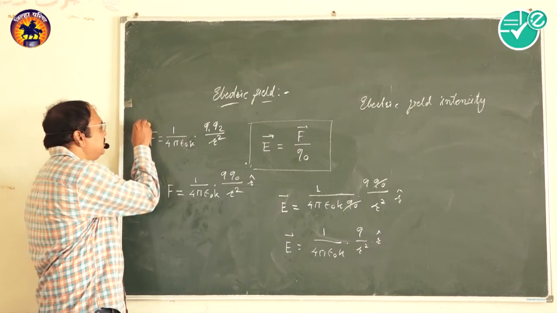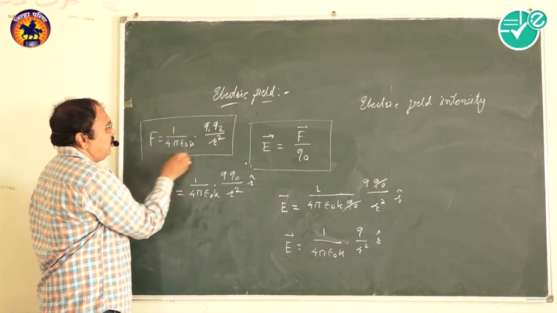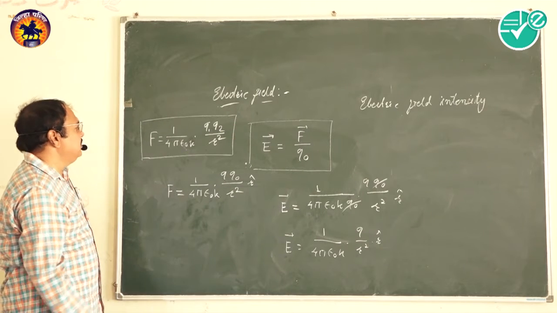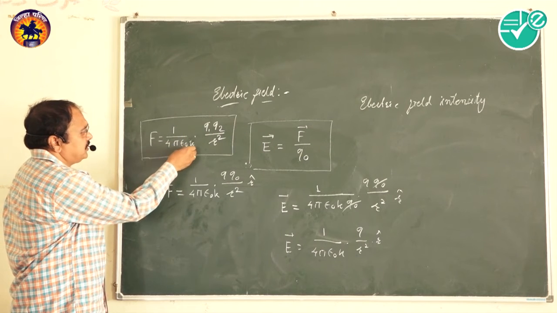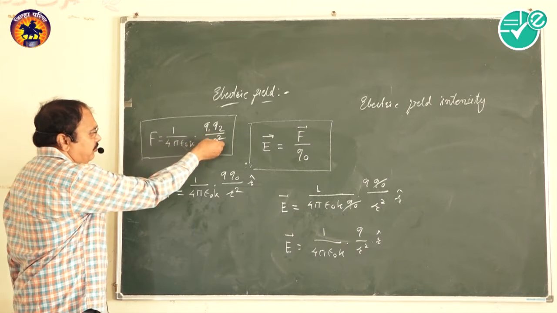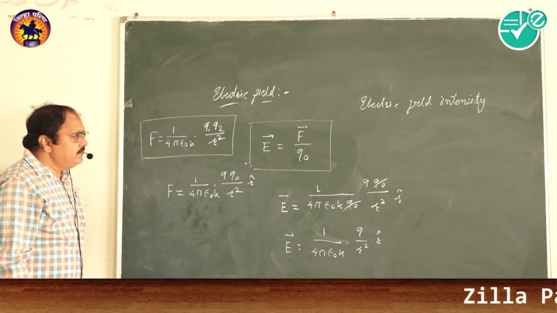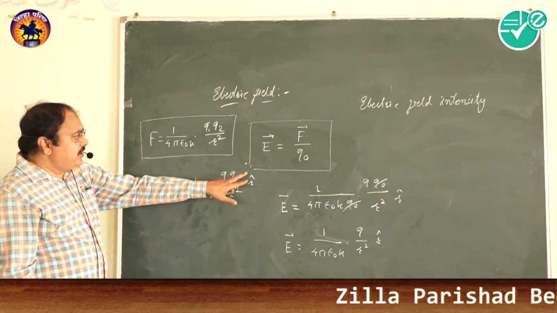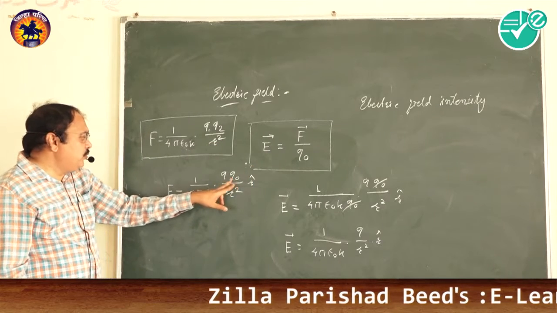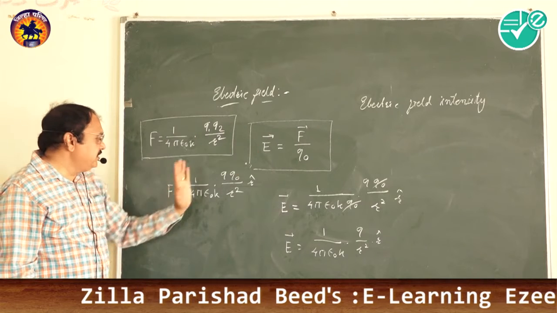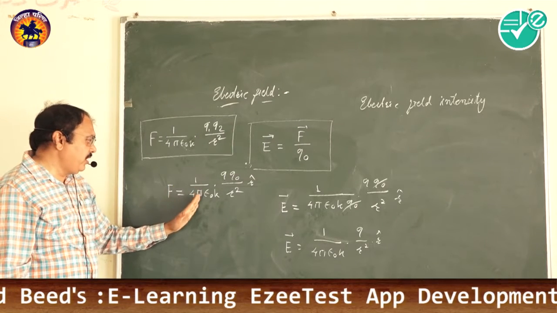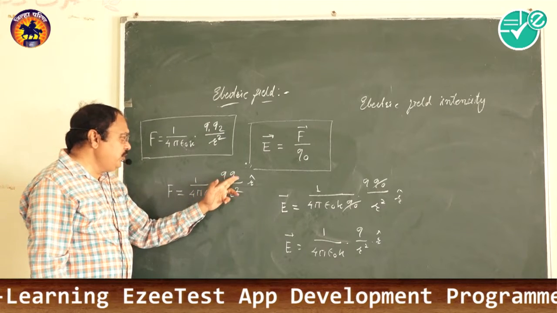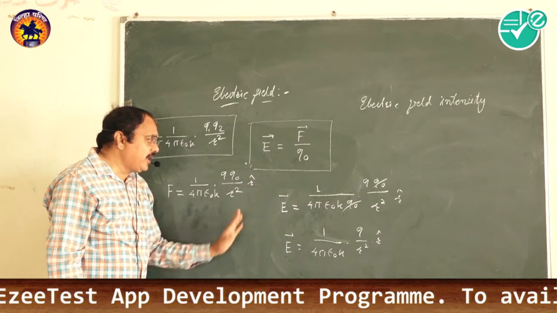We already mentioned that F, the Coulomb force of attraction or repulsion, equals 1 upon 4 pi epsilon 0 K into Q1 Q2 upon R square. Here we take the reference point charge as Q naught, so F equals 1 upon 4 pi epsilon 0 K into Q Q naught upon R square into R cap.